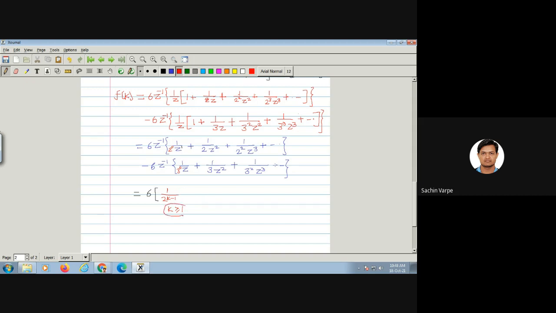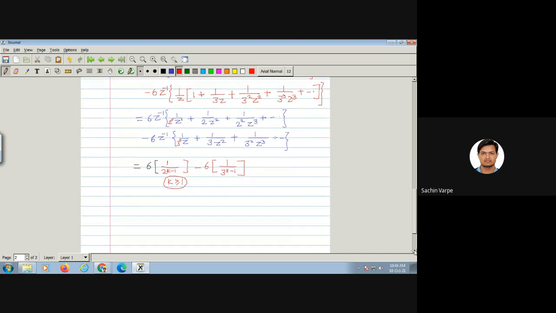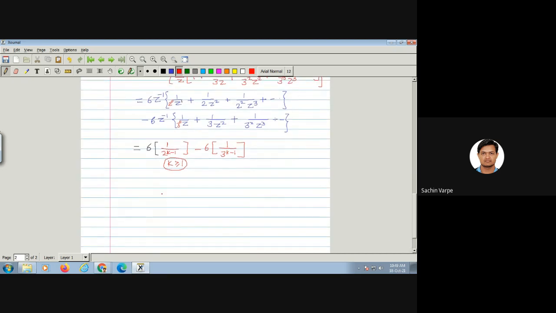So this is very important. Minus 6 into 1 upon the same, na? 3 raised to k minus 1. So is that the same answer we have given? Please check. Yes, sir.